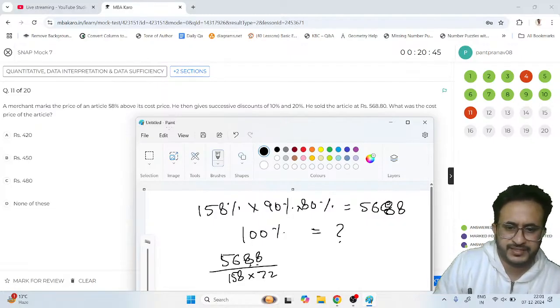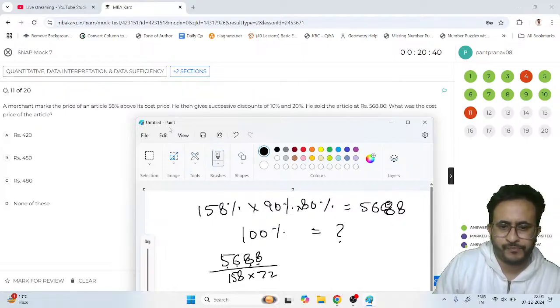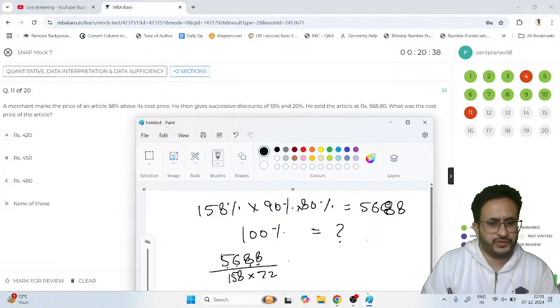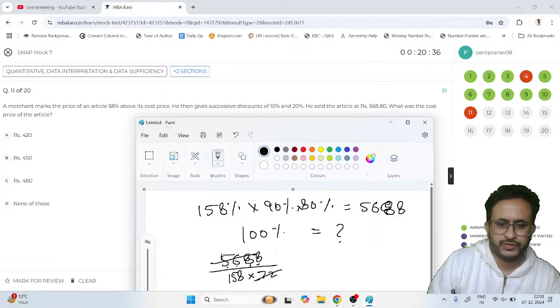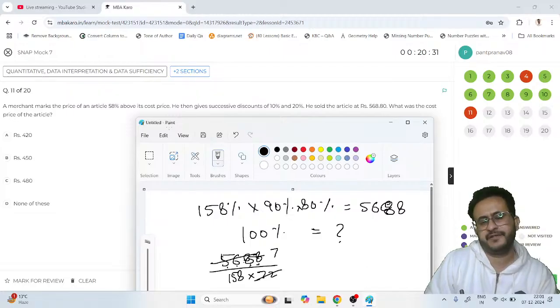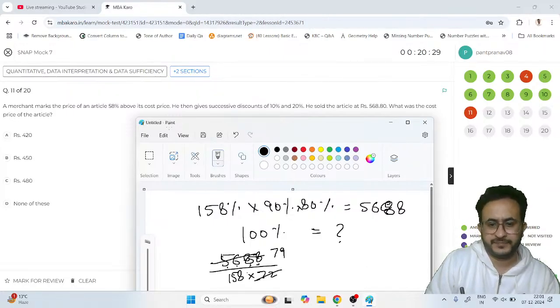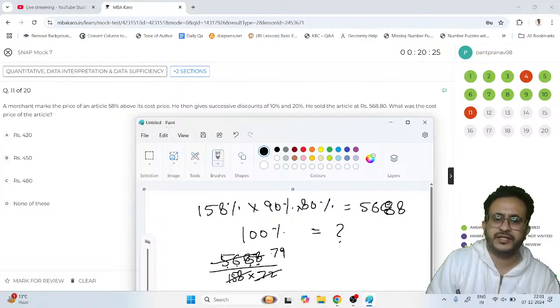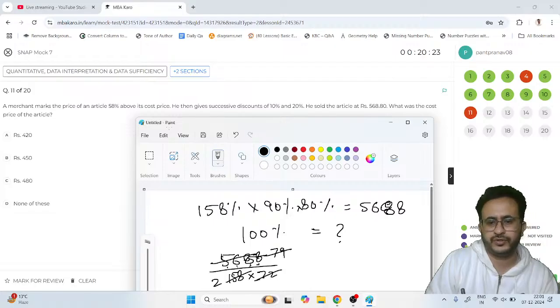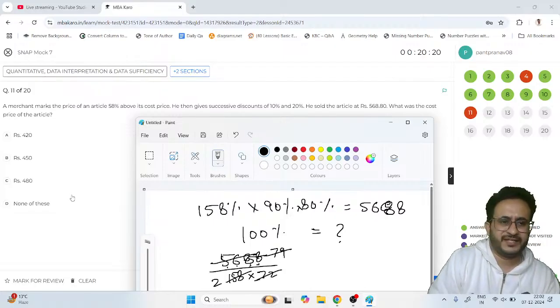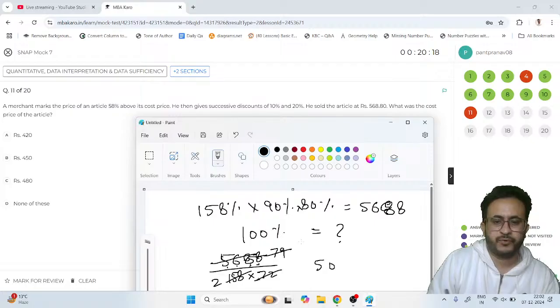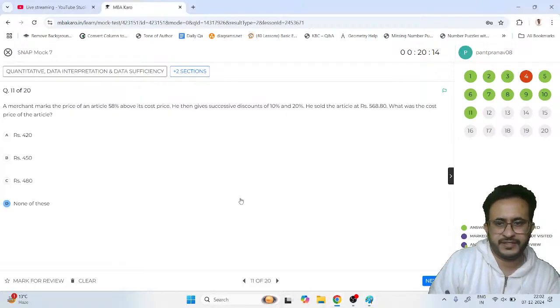This is 16 plus 11, 27, so it will be divisible by 72. 72 into 8 is 576, 7 into 72 is 504, and we get 79. So it comes as 79, and 79 by 158 is 1 by 2. Basically, it will be 500 rupees. We get 0.5 because we ignore decimals and zeros. The answer would be 500 in this case.